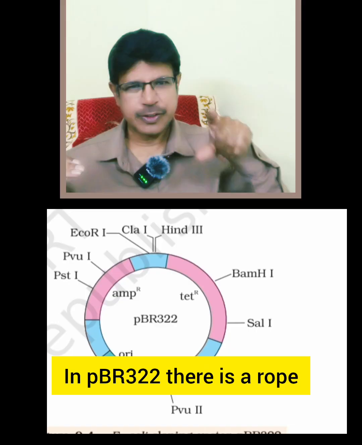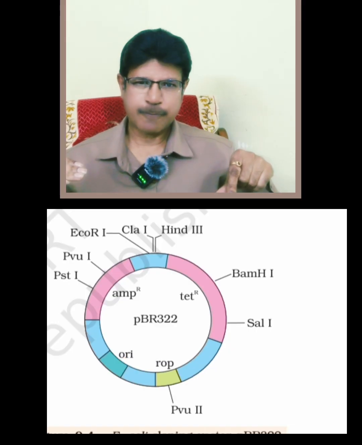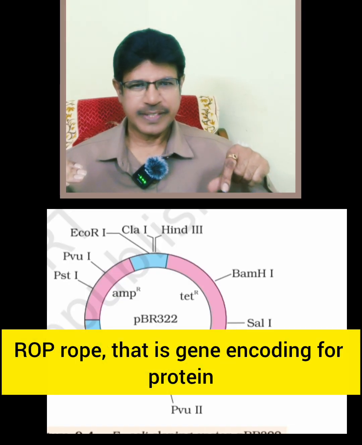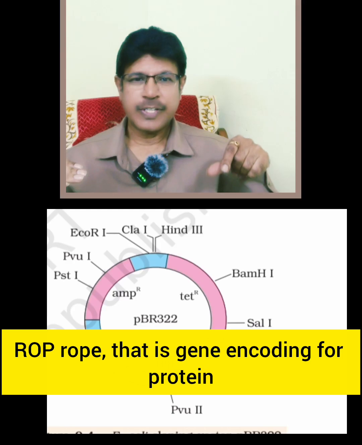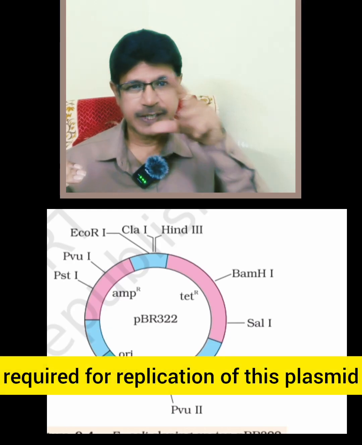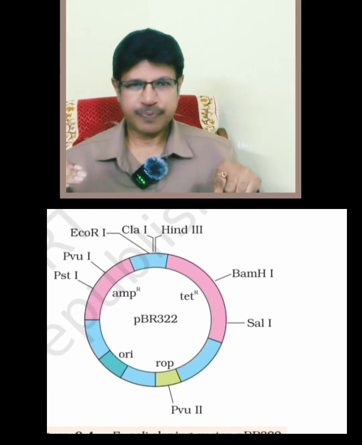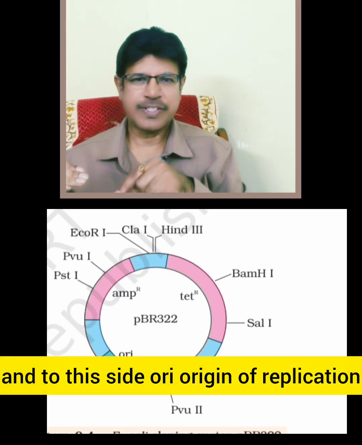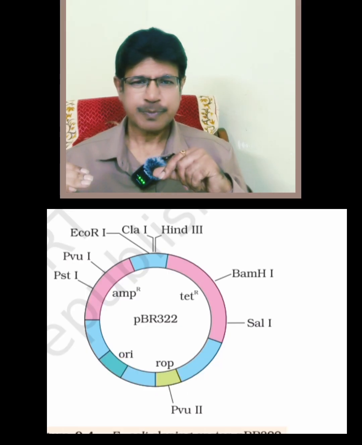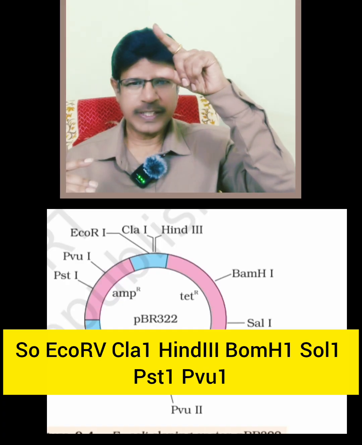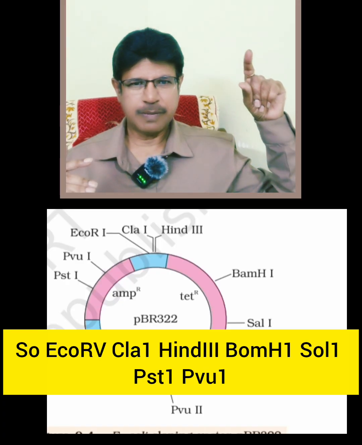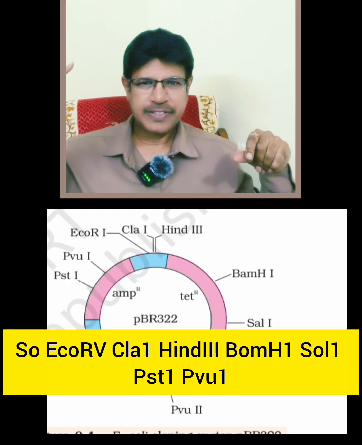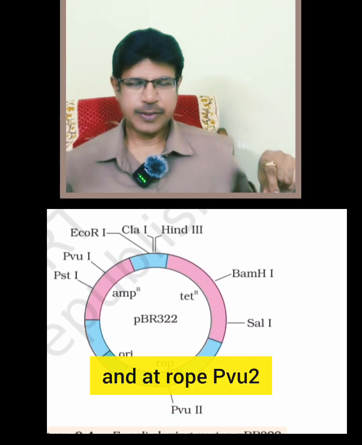In pBR322 there is also ROP, the gene encoding a protein required for replication of this plasmid, and on this side the origin of replication. So EcoRI, ClaI, HindIII, BamHI, SalI, PstI, PvuI, and at ROP, PvuII.